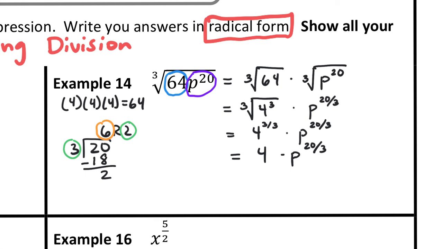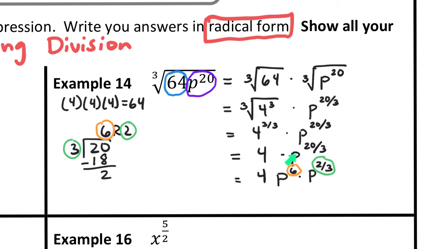We're going to copy the 4, and then we're going to write p to the power of 6 times p to the power of 2/3. So where did the 6 come from? From the long division, and the 2/3 came from the remainder.